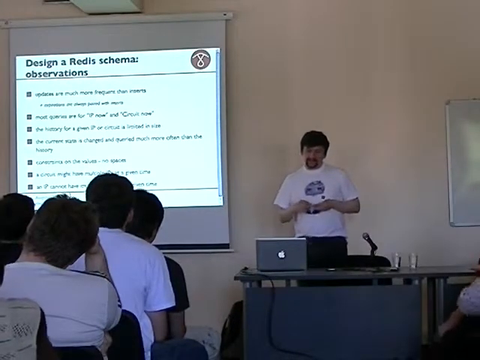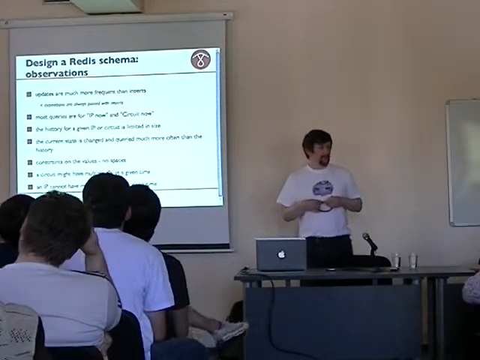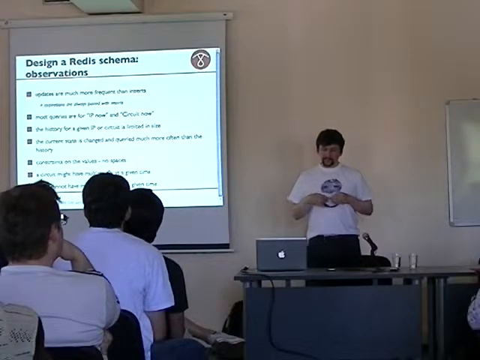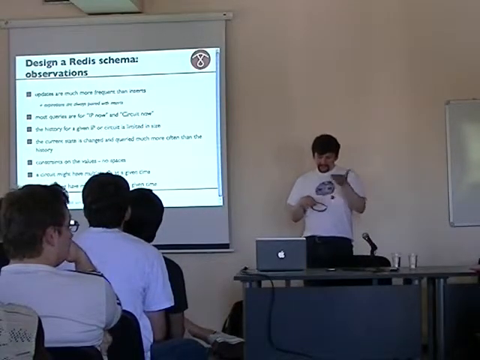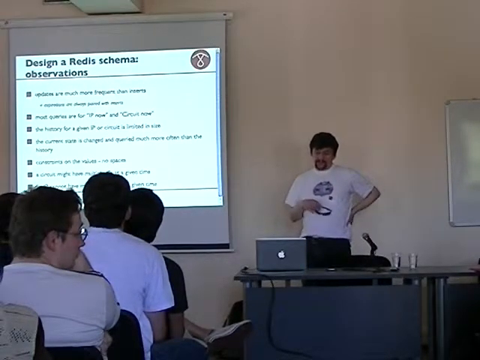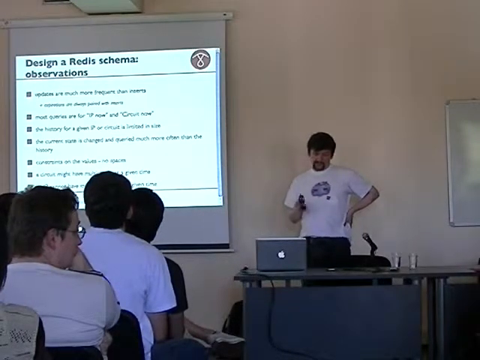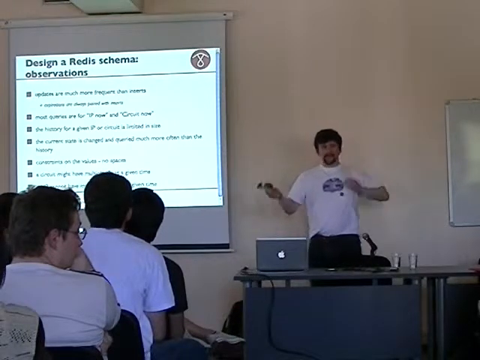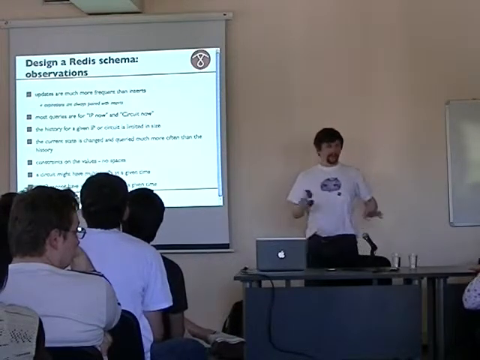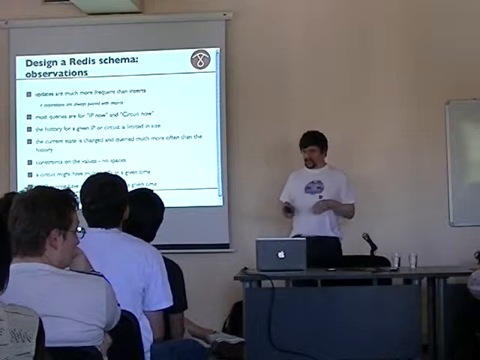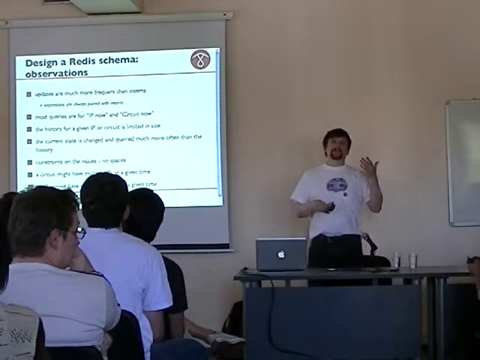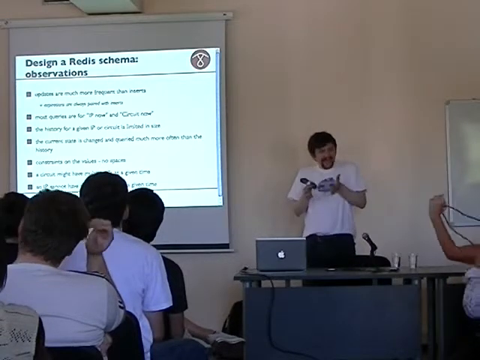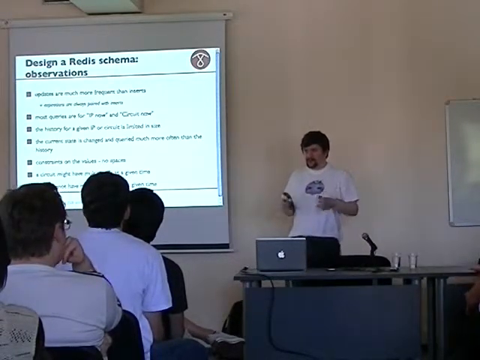So the history for a given IP or circuit is typically not particularly large. And the current state, as I mentioned, is changed and queried much more often than the history. And in the values for the IP addresses or circuit numbers or whatnot, we don't have white spaces, never ever. Because, again, it doesn't matter for Postgres, but for Redis, we have to handle the actual data format ourselves for the values.